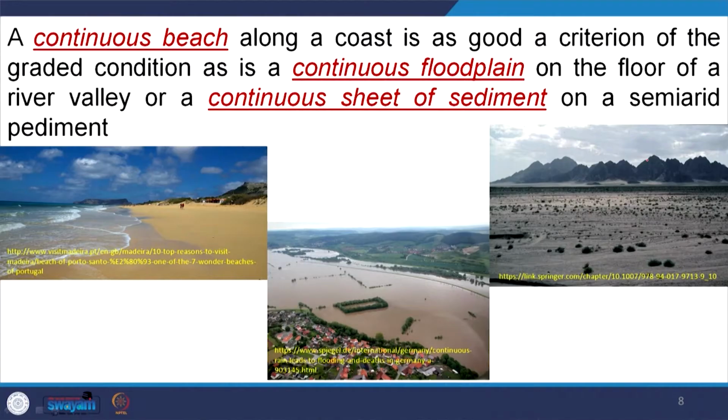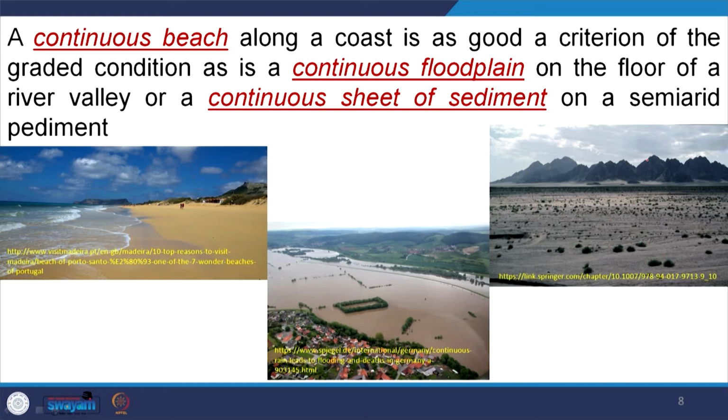A continuous beach along a coast is a criterion for graded condition, as is a continuous floodplain on the floor of a river valley or a continuous sheet of sediments on a semi-arid piedmont. So, here three dissimilar environments with similar geomorphic events have been described: a continuous coast, a continuous floodplain, a continuous sheet of sediments on a pediment. That indicates stability.